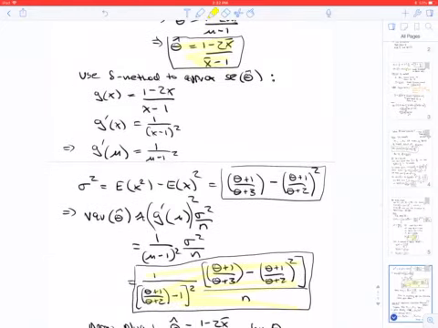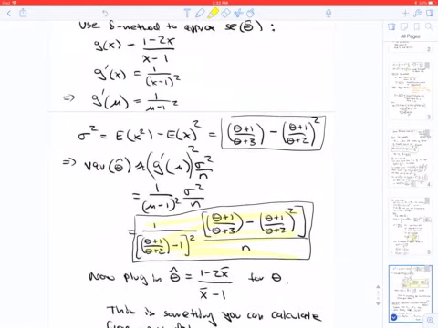So our function now is just going to be 1 minus 2x over x minus 1. So fantastic.